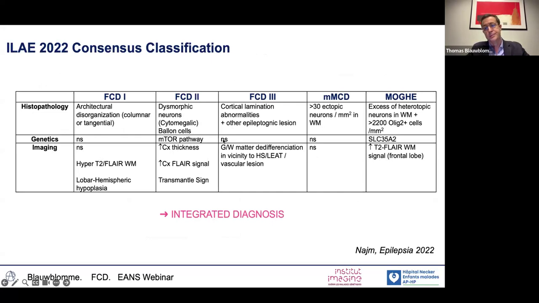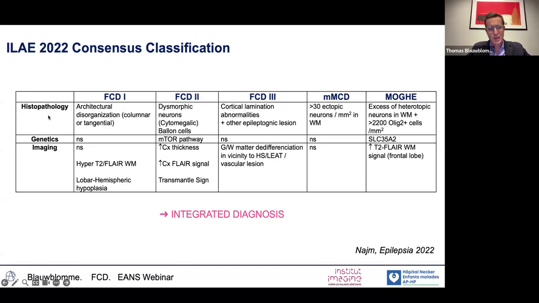You have 5 subtypes of focal cortical dysplasia among the surgical series, which are the type 1, type 2, type 3, mild MCD, and the recently described MOG. What is important to note is that now the WHO plus the ILAE, the International League Against Epilepsy, wants to talk about an integrated diagnosis.